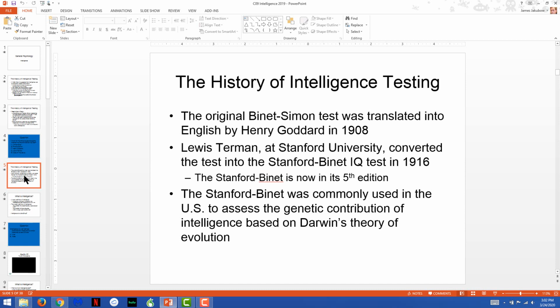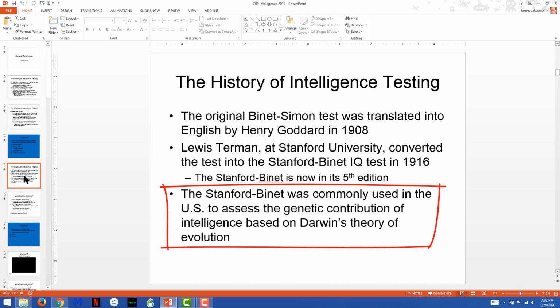Now, when the Stanford-Binet was originally created, the original intention by Terman was to work within the standard theoretical approach of the time, which was that all behavior was controlled by biological means, that is, genetics.